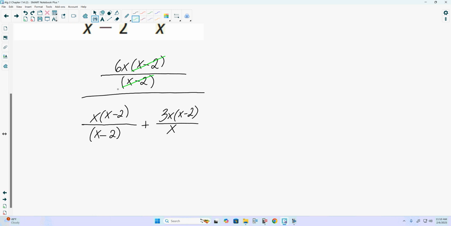X minus 2 and x minus 2 will cancel. X minus 2 and x minus 2 will cancel. Here, the x over x will cancel, leaving us with 6x on top and x plus 3 times x minus 2.